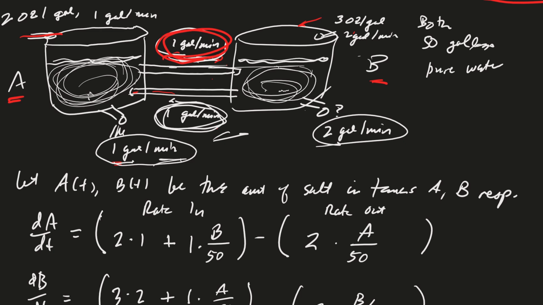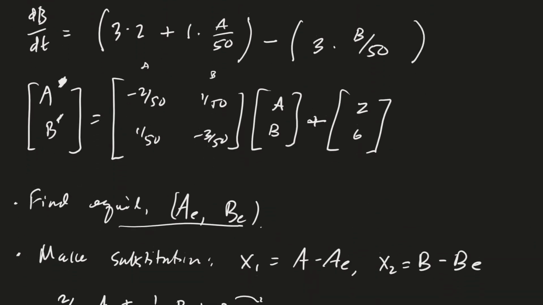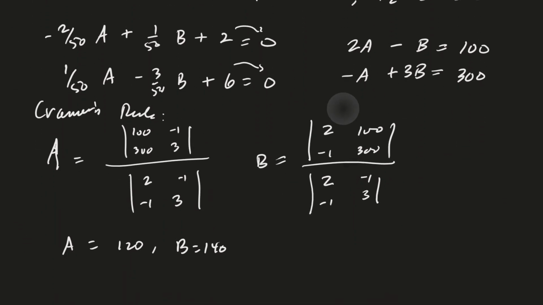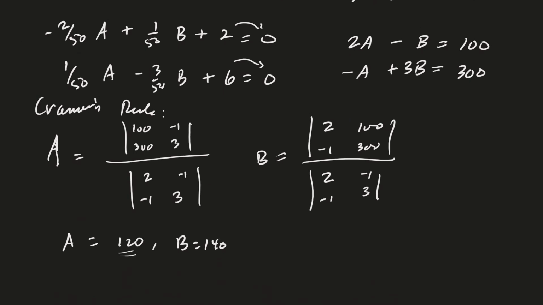But the incoming from tank A is not as much concentration as tank B, so we're going to dilute that a little bit. And so it does seem reasonable that the ounces of salt in tank A is a little bit more than 100, and for tank B it's a little bit less than 150.